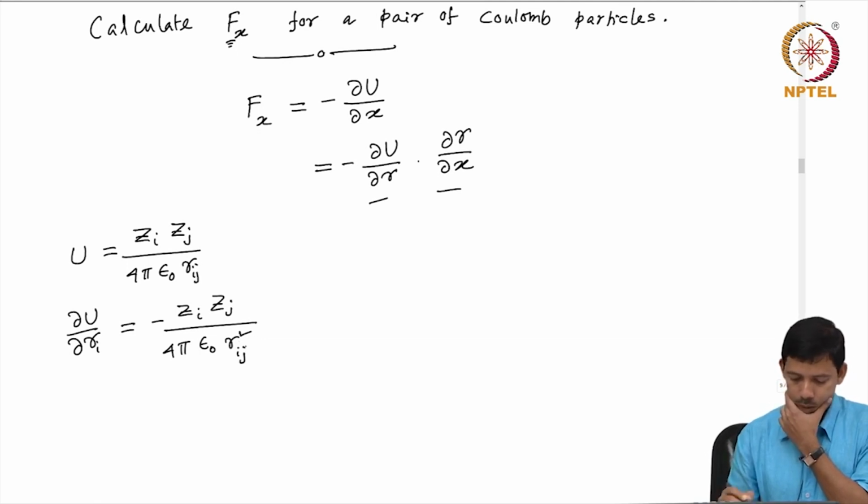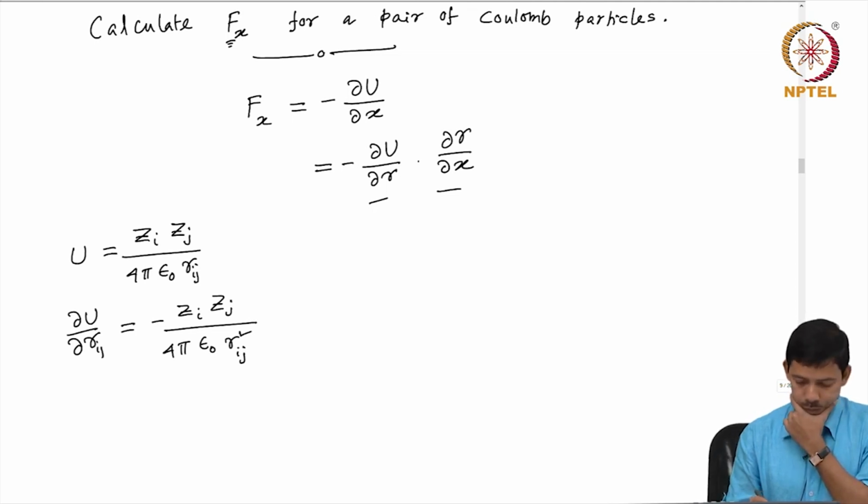Rij is the interparticle distance we are talking about. So this is my del u del r.